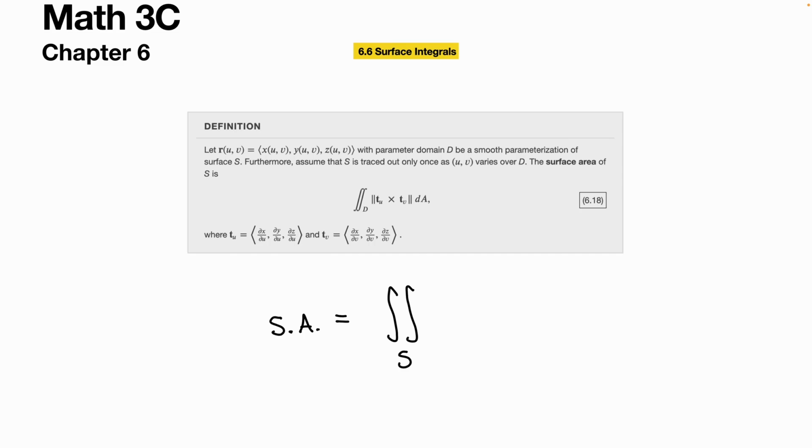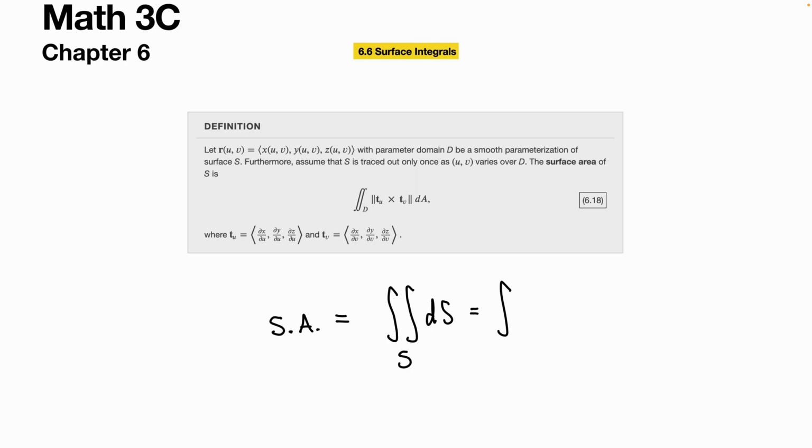And then the book doesn't write it out, but we should understand that we're integrating with integrand 1 against the surface area differential dS. So SA for surface area, just the notation for the quantity. And then here is a surface integral, a formal quantity with integrand 1. So we're just taking the surface area differential.